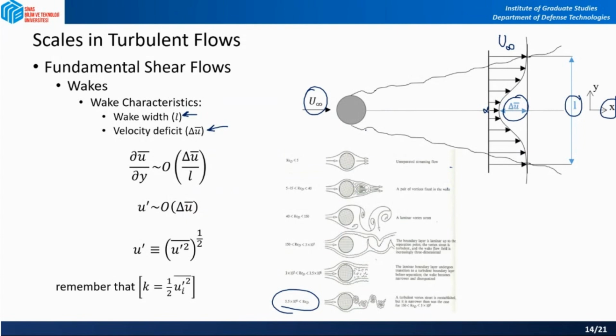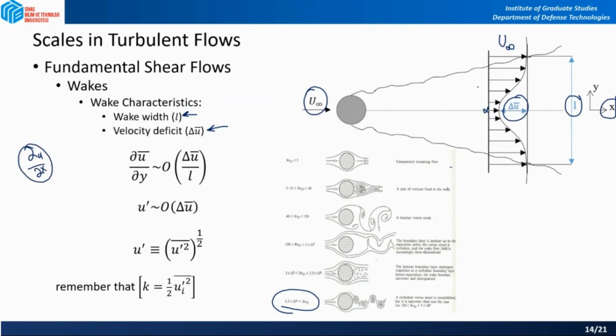And as there is some velocity gradient here, so you see the velocity is changing, we have a shear. So the magnitude of this shear is in the order of delta U bar over L. You know that shear is du/dy.